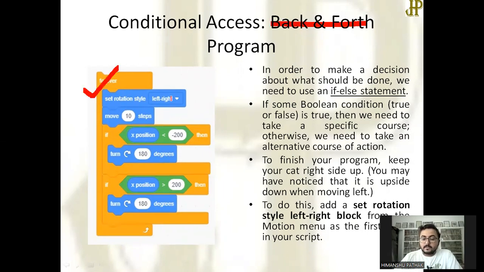Otherwise, your sprite will look in one direction only. That's why each time you have to move its face in the moving direction. Move 10 steps. If X position is less than -200, then turn 180 degree and the face should be in that direction. Again, if X position is greater than 200, then turn 180 degree again. And this has to happen continuously.